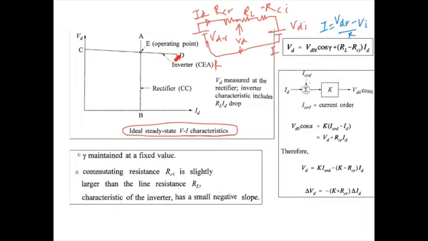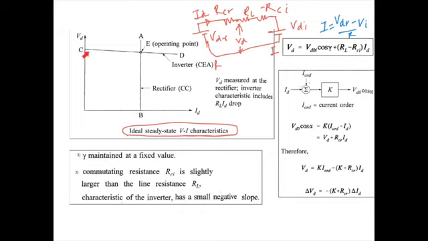This line is a drooping line because the term RL minus RCI is negative. The reason this term is negative is that the resistance RCI of the inverter is slightly larger than the resistance of the line, and hence this equation is represented by this line. This particular straight line represents the inverter equation, or its inverter characteristic. It is CEA, that is, the constant extinction angle characteristic, because gamma is set to a certain fixed value.